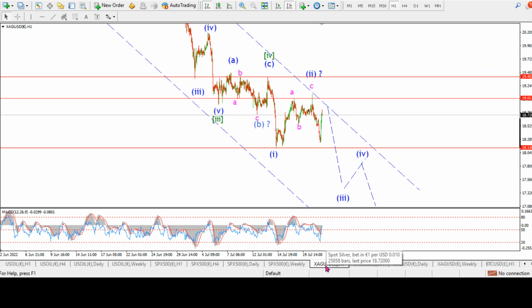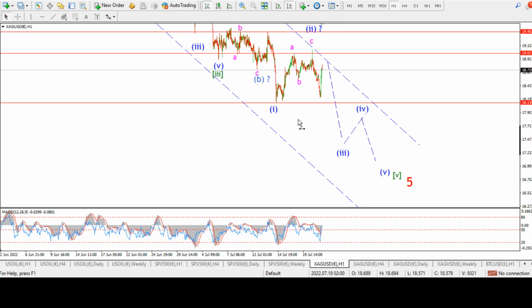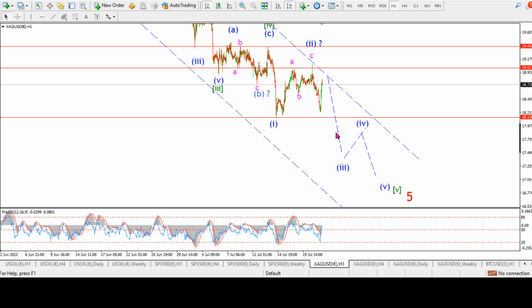If we go to the hourly count here, I am allowing for one more completed pattern lower to complete wave 5 of this wave 5 in red. So the 5th wave of the C wave has yet to complete, I think, internally, but that has yet to be confirmed.